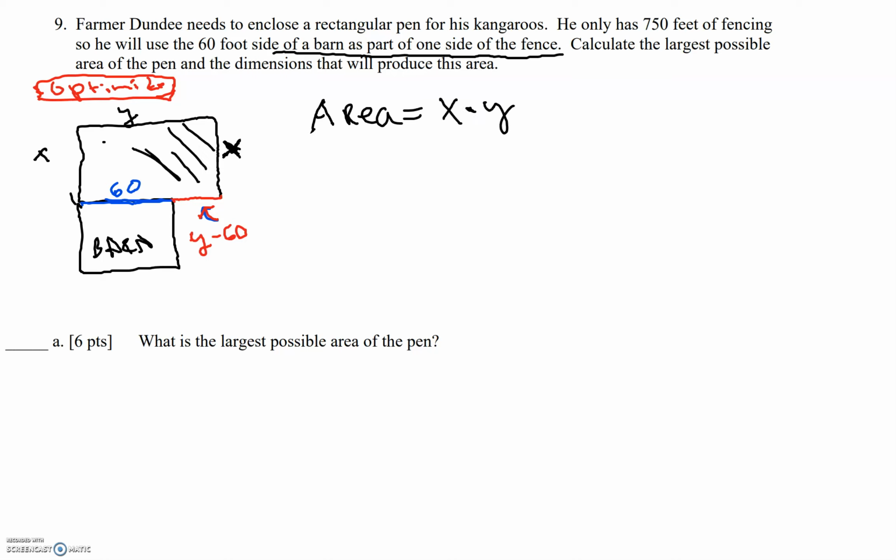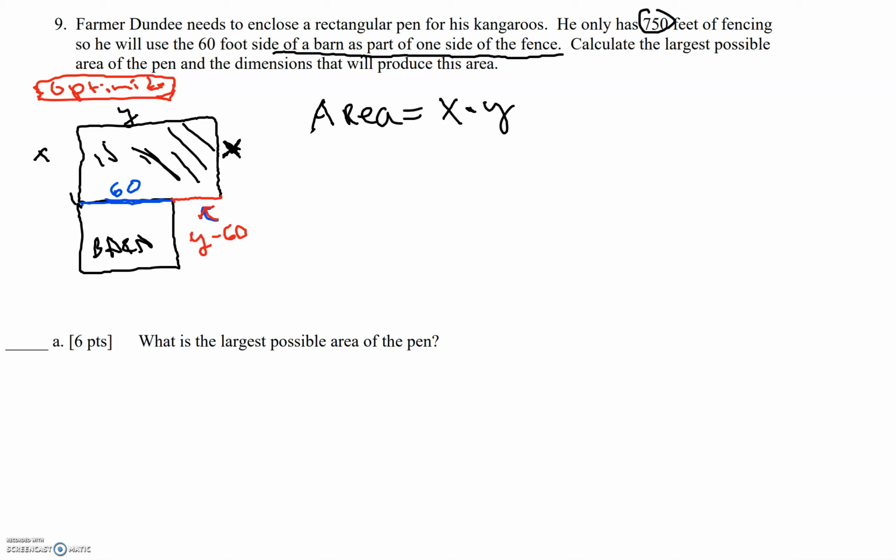That's the area. What do we know about it? We don't know anything about it. So actually, the problem here is we have too many variables. This always happens in these optimization problems, and we need a helper equation. Our helper equation is going to be the 750 feet of fencing. So let's move into that.